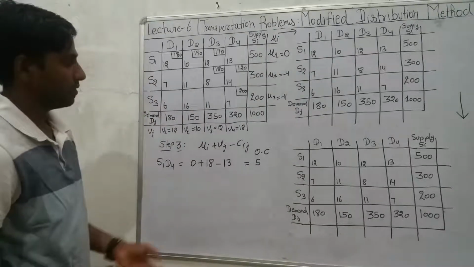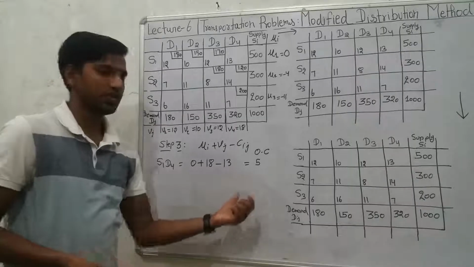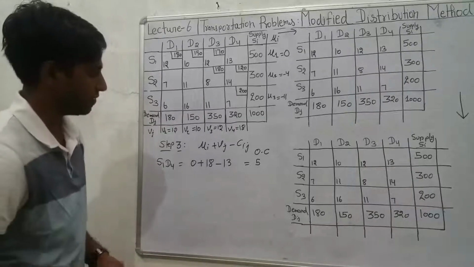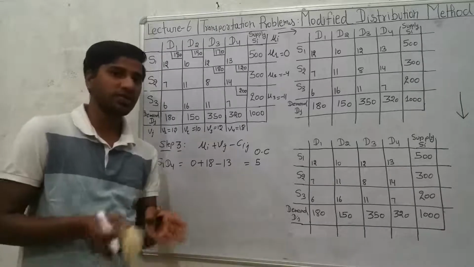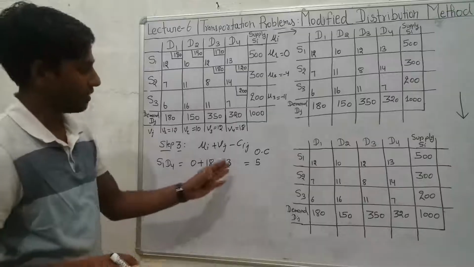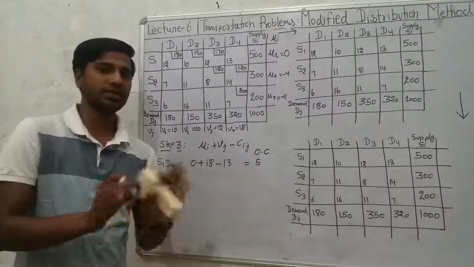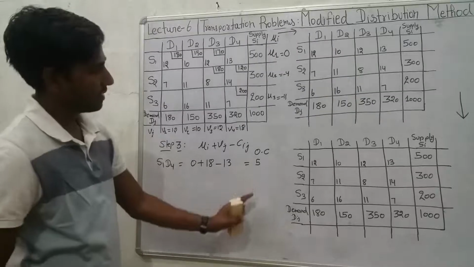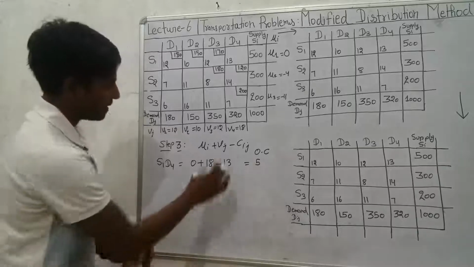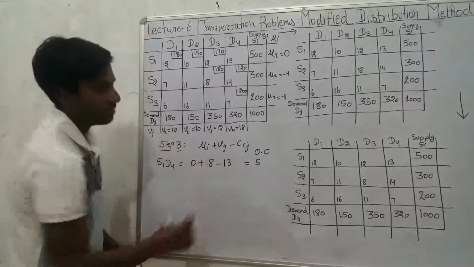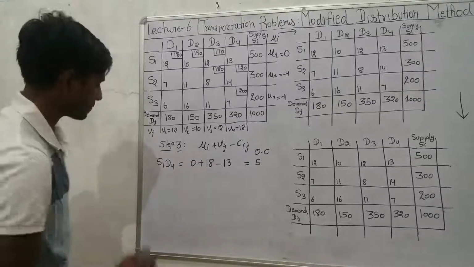If you compare the stepping stone method and the modified distribution method: in the stepping stone method, first we calculated the net effect on the total cost, and then the opportunity cost by just changing the sign of the value. But in this case, we obtain the opportunity cost directly by applying this formula, so there is no need to change the sign.